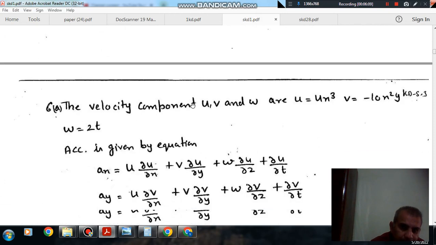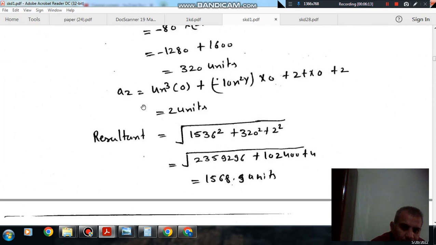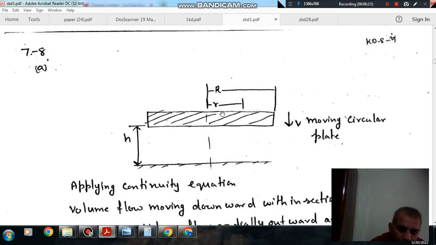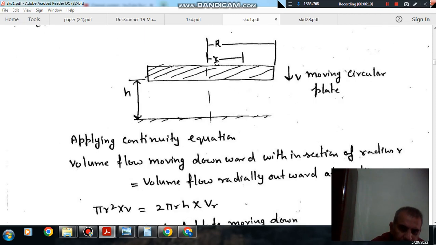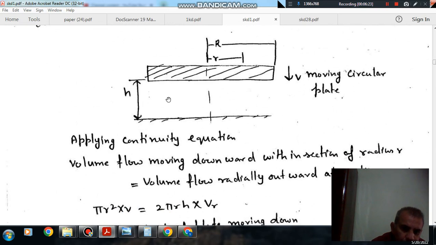So here this is the moving plate, moving with velocity V, and the outer radius is R. The volume that is coming down should go out.